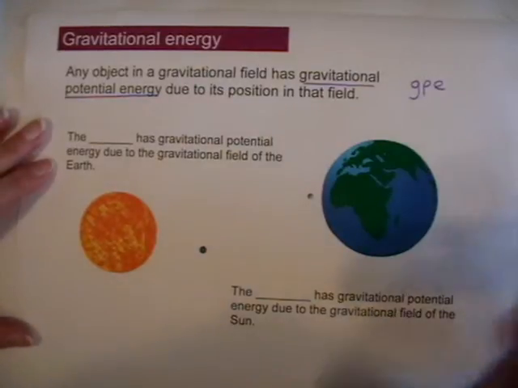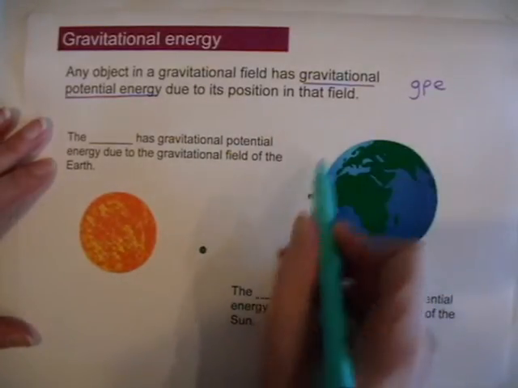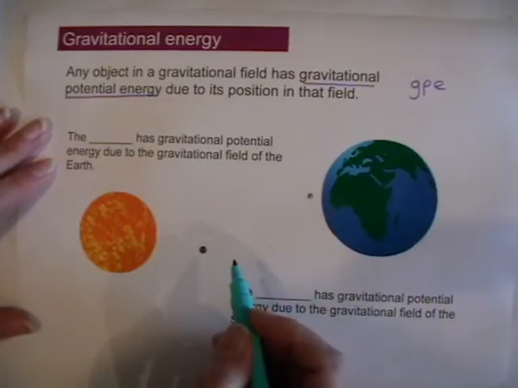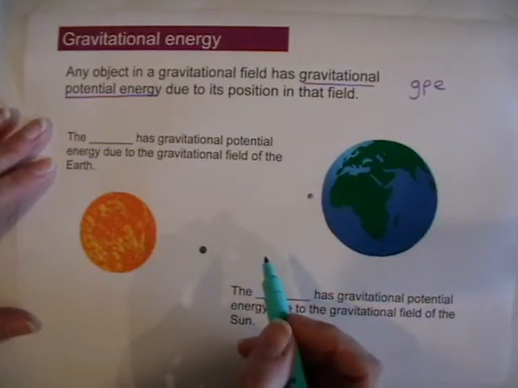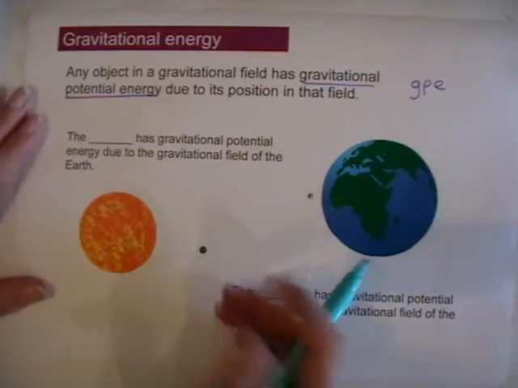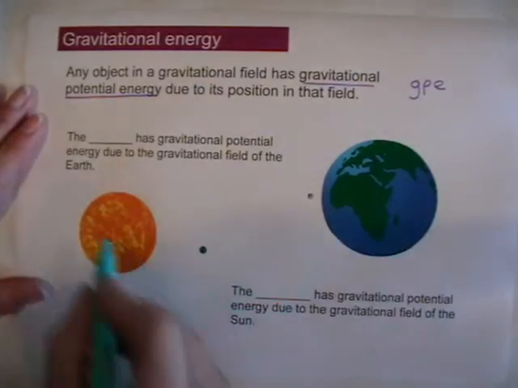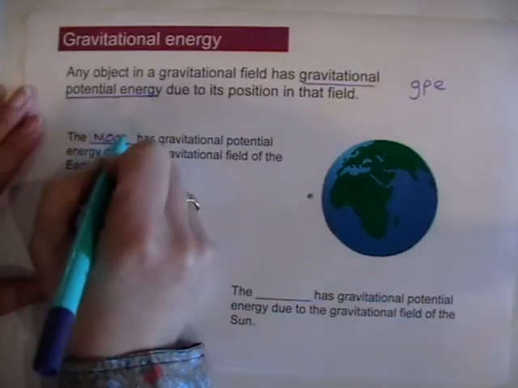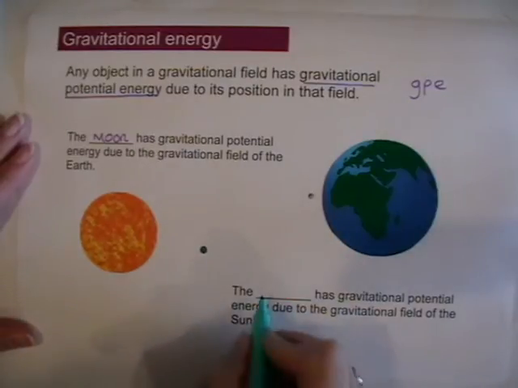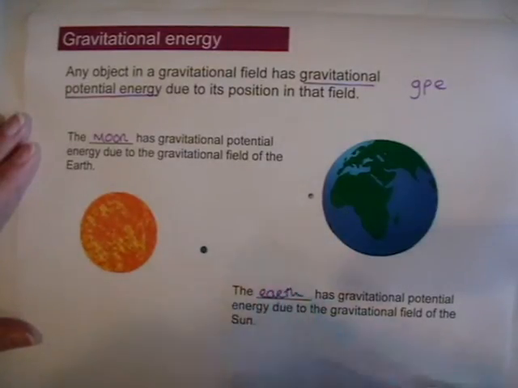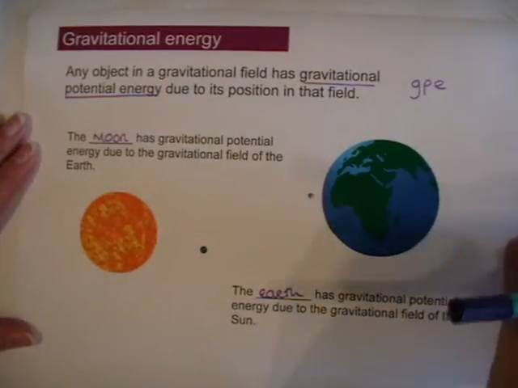If we look at the Earth, the Moon orbits the Earth and it has gravitational potential energy due to the gravitational field of the Earth. So the gravitational field of the Earth keeps the Moon in orbit. So it experiences gravitational potential energy. And then, on a wider scale, the Earth has GPE due to the gravitational field of the Sun, and it orbits the Sun then.